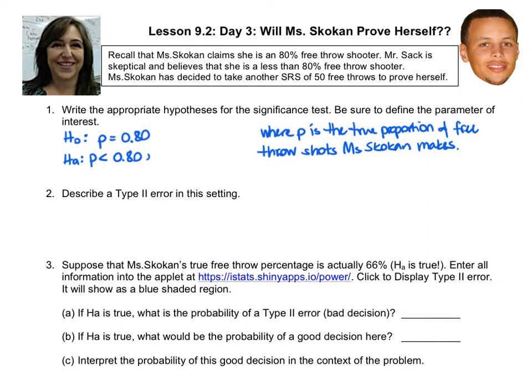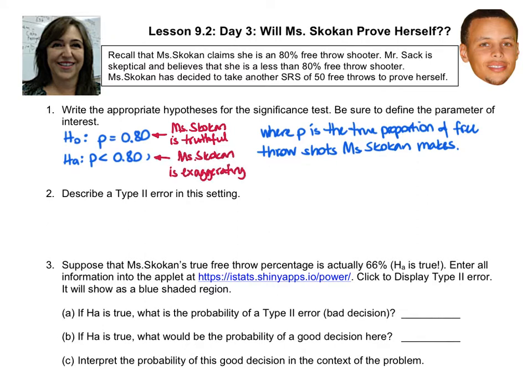Now, let's just decode that. If the null hypothesis is true, then that means Miss Skokin is not exaggerating and she's telling the truth. And the alternative hypothesis is that Miss Skokin is exaggerating.